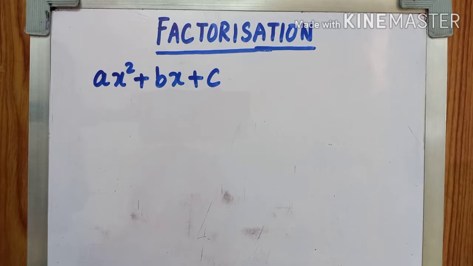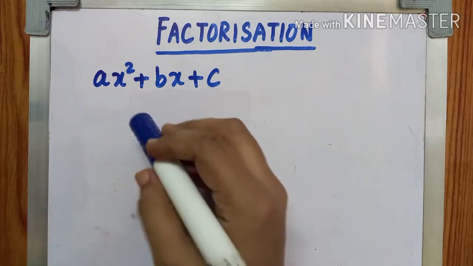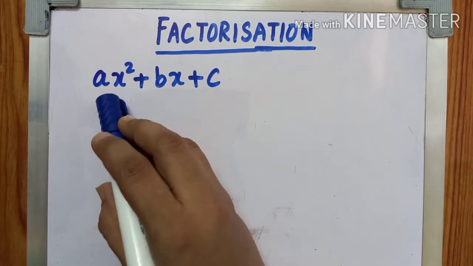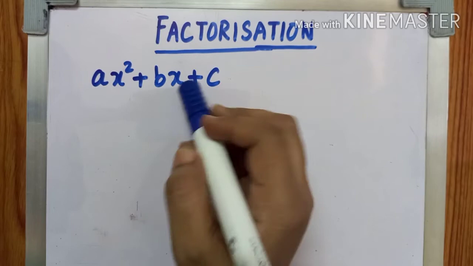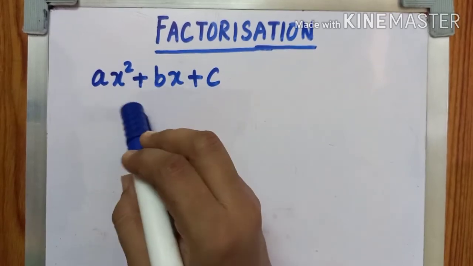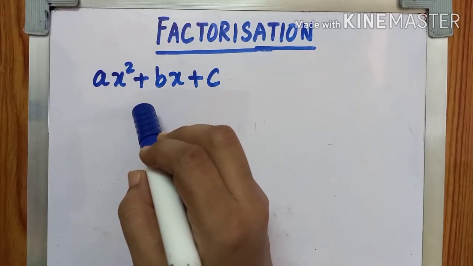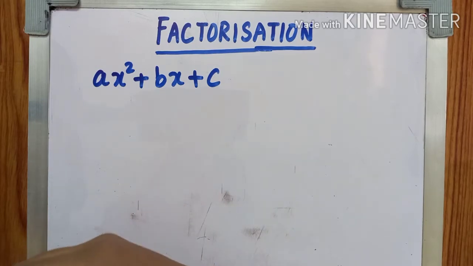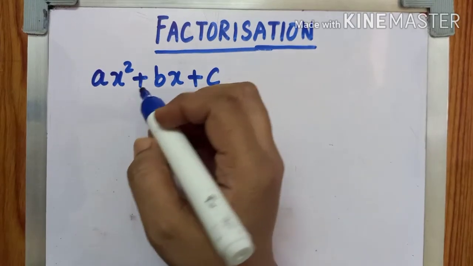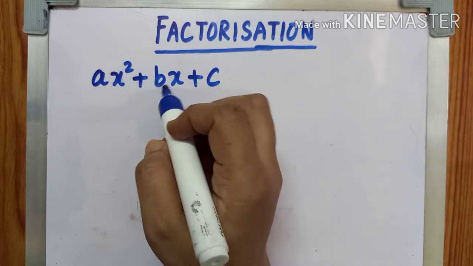What do we mean by factorization of a trinomial? A trinomial is where you have got three terms. So in this exercise 4D you'll only be getting trinomials of the type ax square plus bx plus c. How to do this factorization? Here you see ax square plus bx plus c.